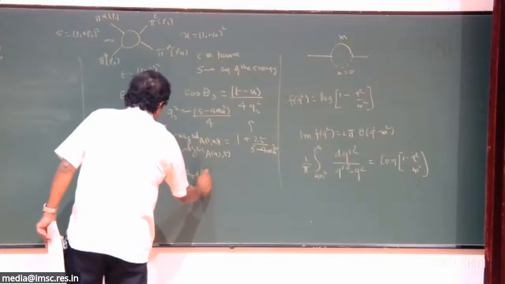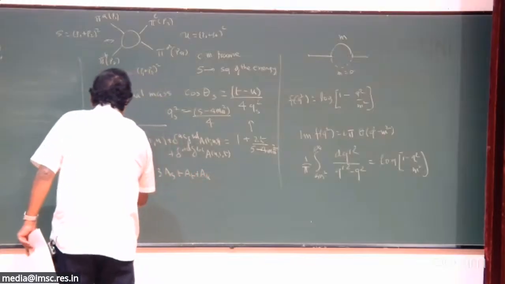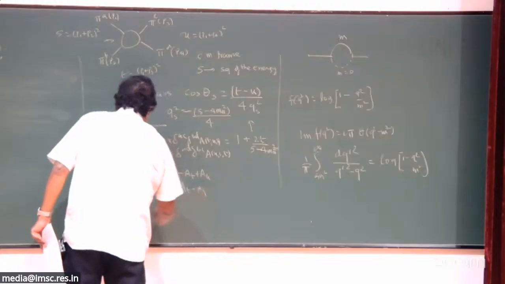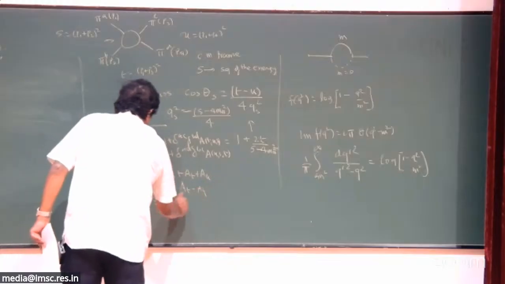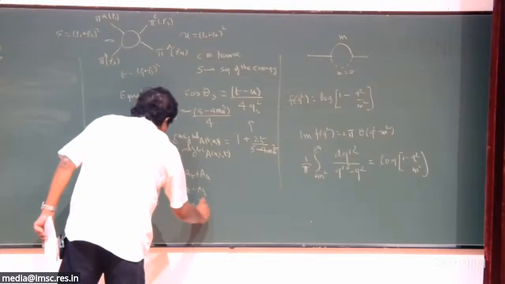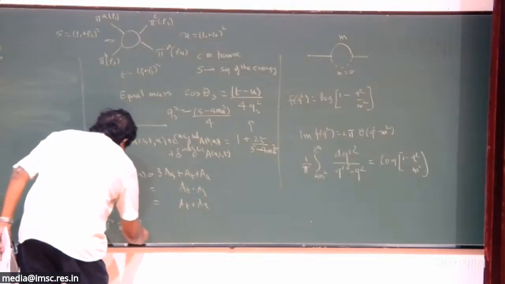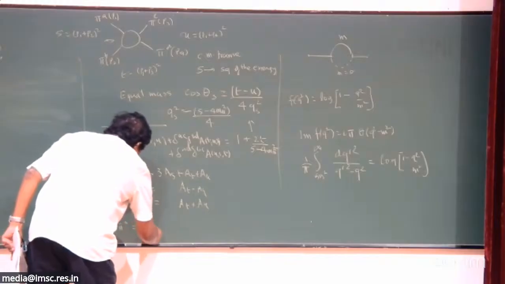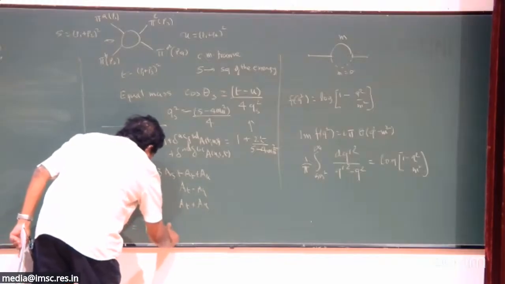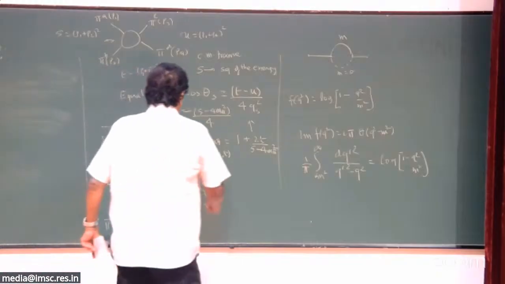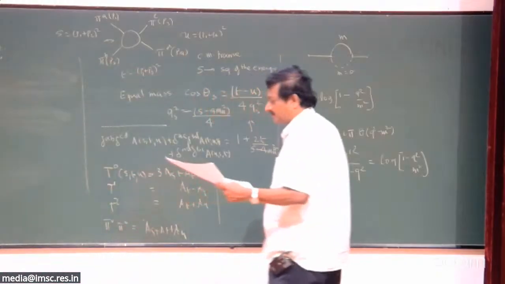I'm using an abbreviated notation now. T1 is AT minus AU, and T2 is AT plus AU. And then we said the pi0 amplitude was wonderful. It was just AS plus AT plus AU, totally symmetric under the interchange of S, T and U and various swaps.